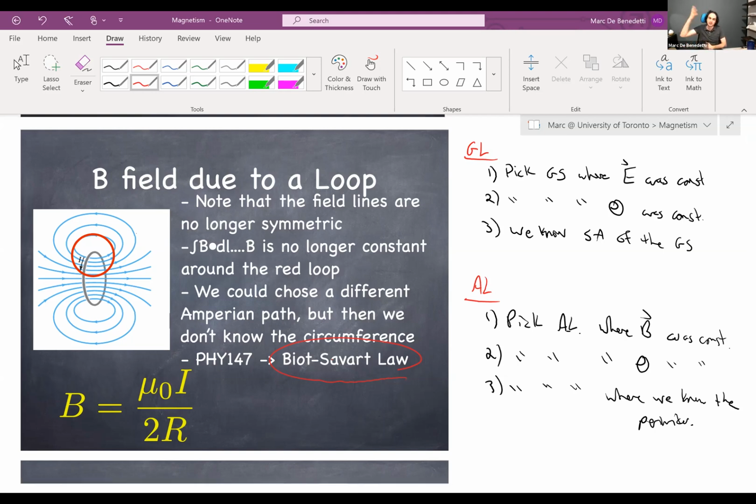And they would integrate Biot-Savart law and get an answer that way. However, those are details that are beyond the scope of an algebraic-based physics course. So beyond mentioning kind of what it is, we will not talk about it.